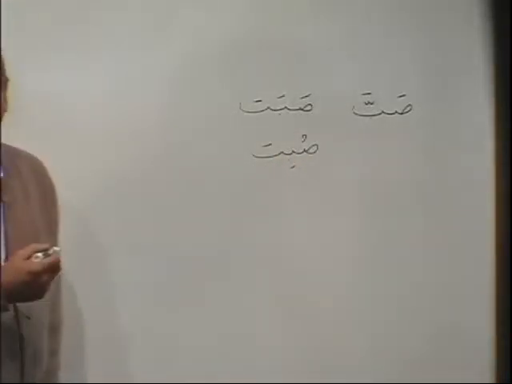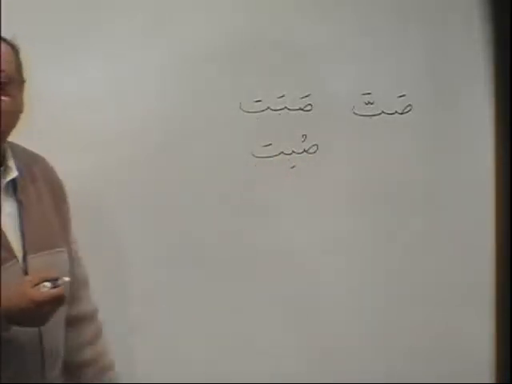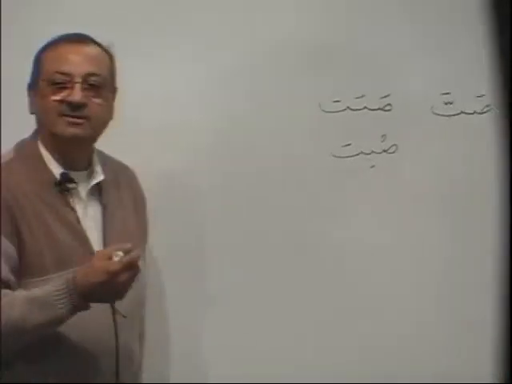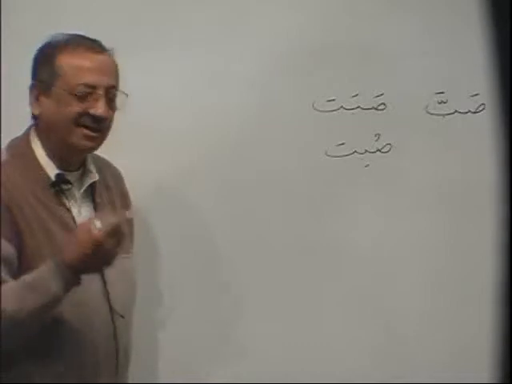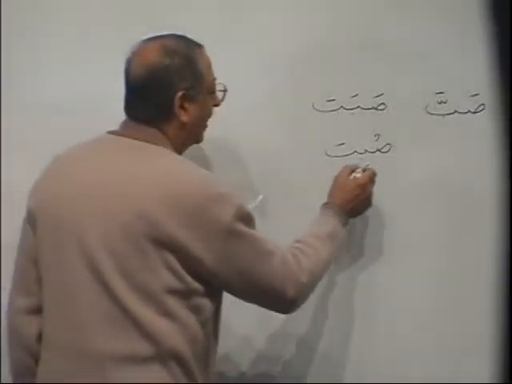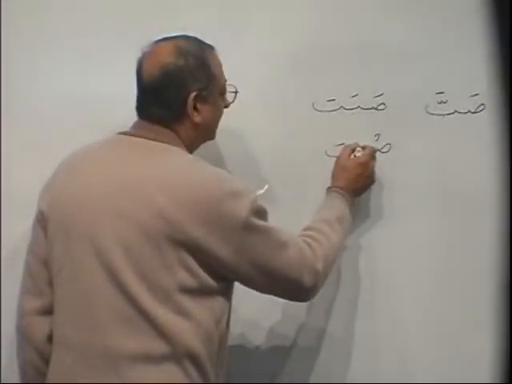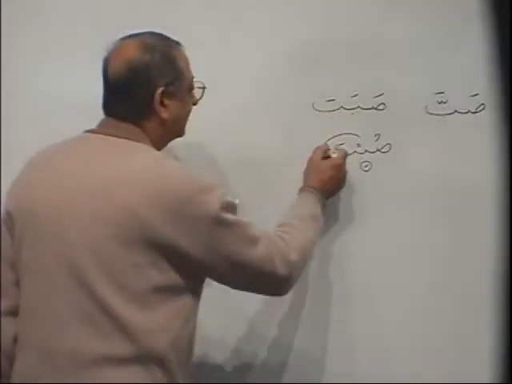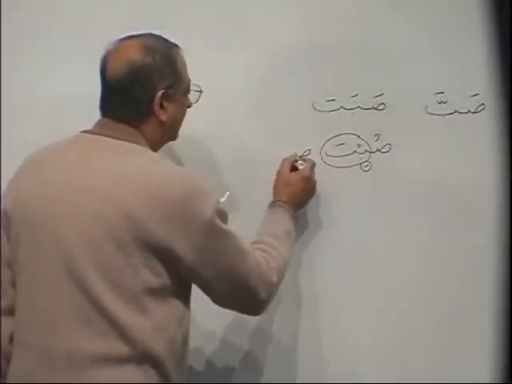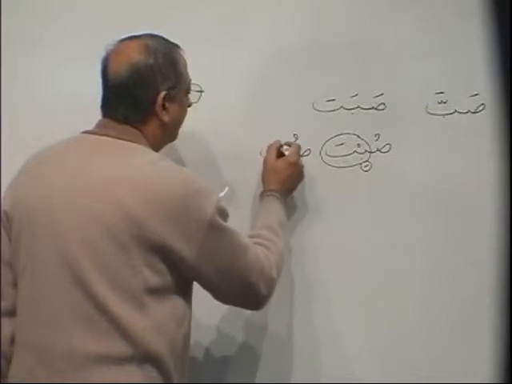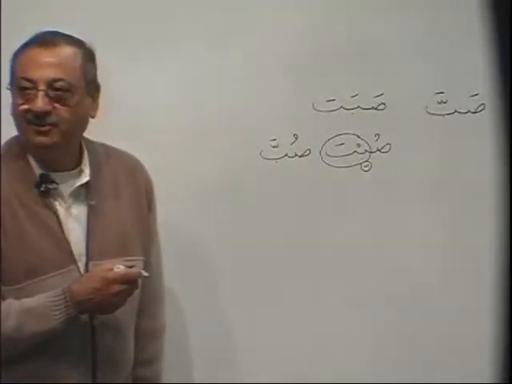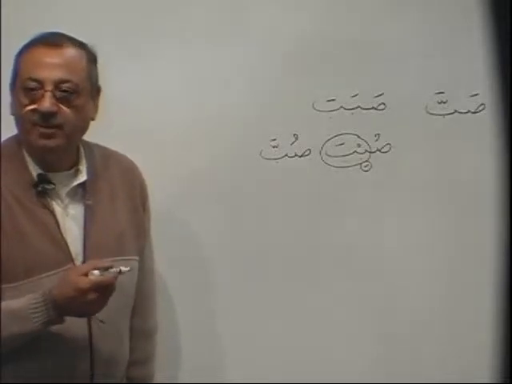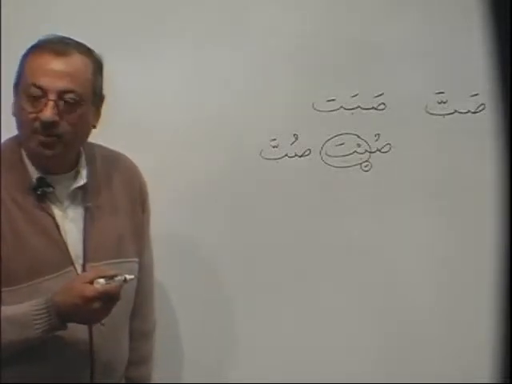Now, because the Ain Kalima and Lam Kalima are together, we want to pronounce it nicely and it sounds better. So I change this kasra into fatha and it becomes subba. Are you with me? Sabba became subba. Okay?